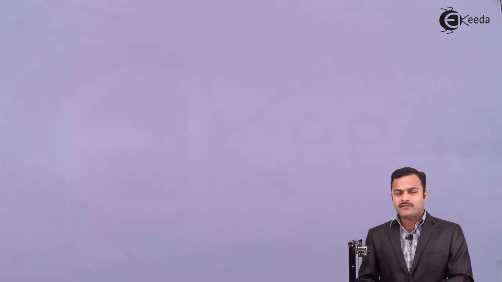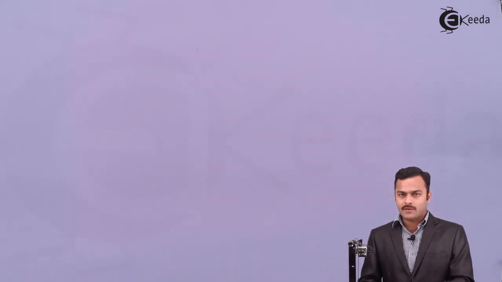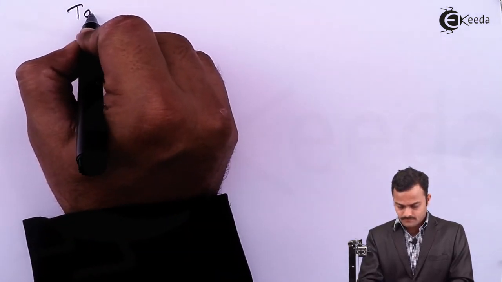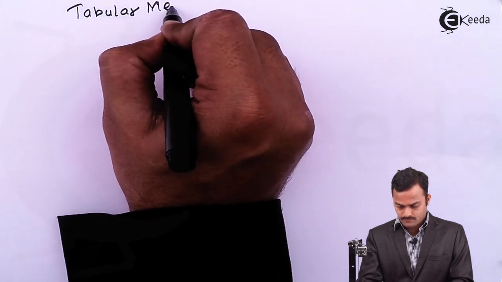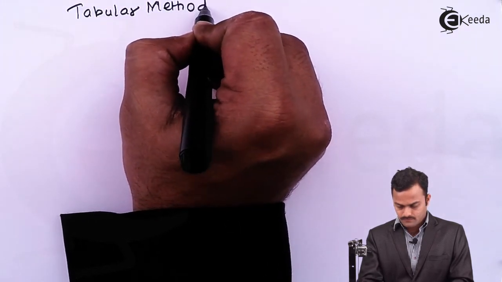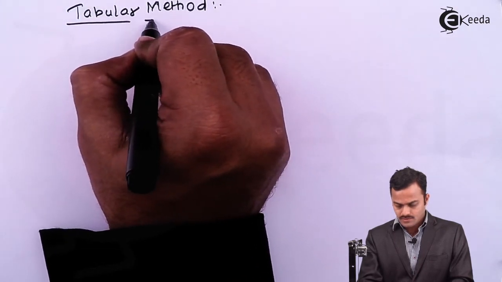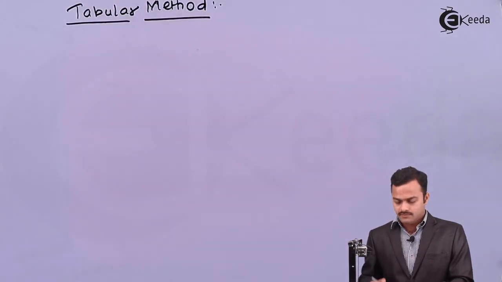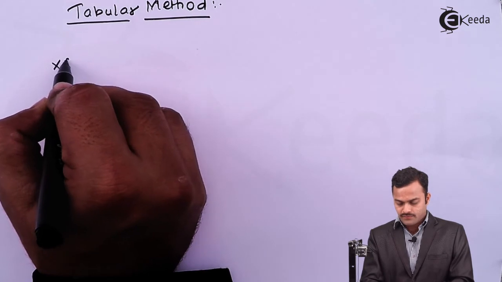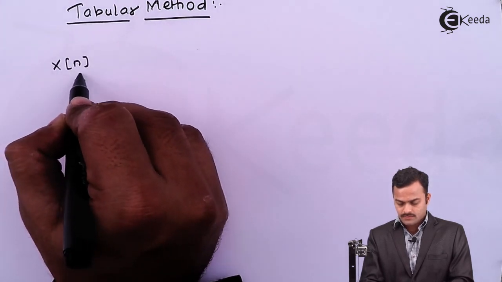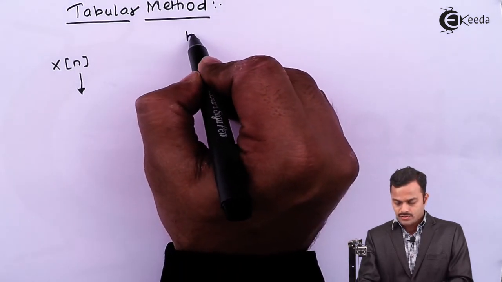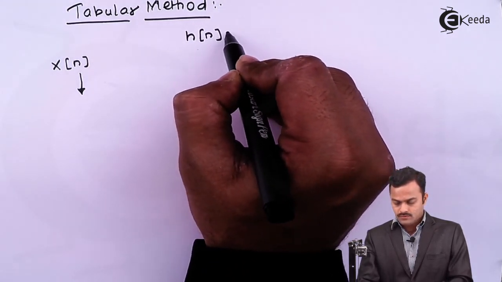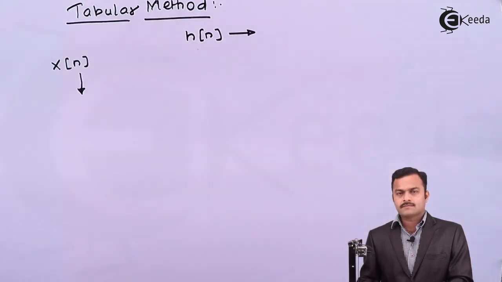Now let's verify our answer with the matrix or tabular method. So in the tabular method, we will consider x of n column wise and h of n row wise.